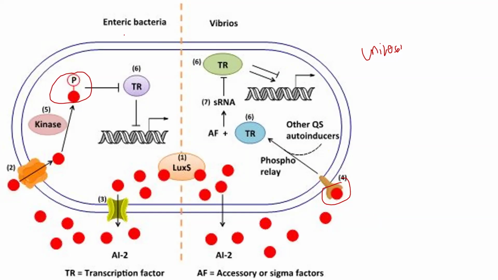So because it's a cross species and cross gram type regulatory cassette, it's considered the universal factor. But it works basically the same way that acyl homoserine lactones and signal peptides do. It's just that it's done with a singular autoinducer that's not different between the two gram types.